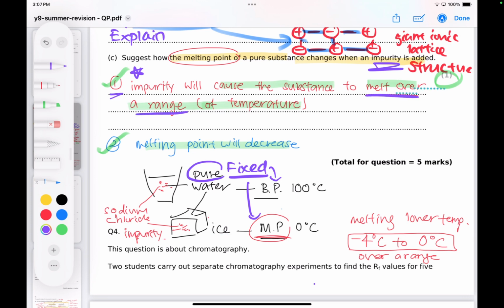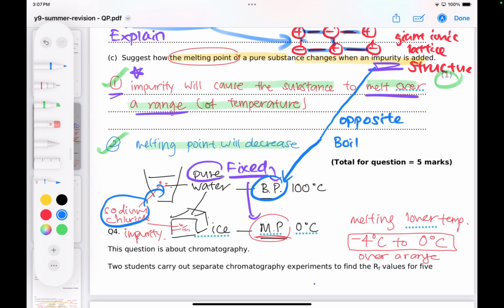Since we're over here, let's extend a little bit on boiling point. Impurity has a very funny way of affecting boiling point and melting point. It's at the opposite spectrum. With boiling point, if I have impurity in my water and I try to boil this water, it will start boiling at a higher temperature.